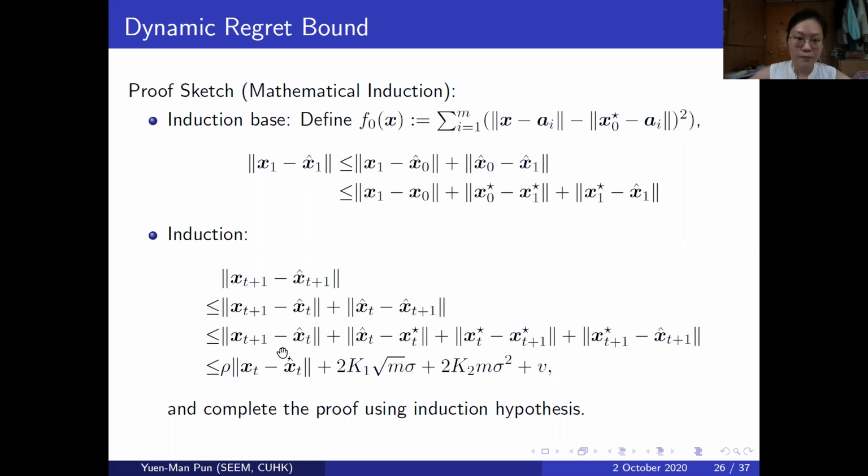So here, this can be upper bounded again using the fact of linear convergence of gradient descent, and we have a rho here. xt hat minus xt star, and also xt plus 1 star minus xt plus 1 hat, we can upper bound using estimation error, and this can be upper bounded by the path variation V. At this step, we can complete the proof using the induction hypothesis.